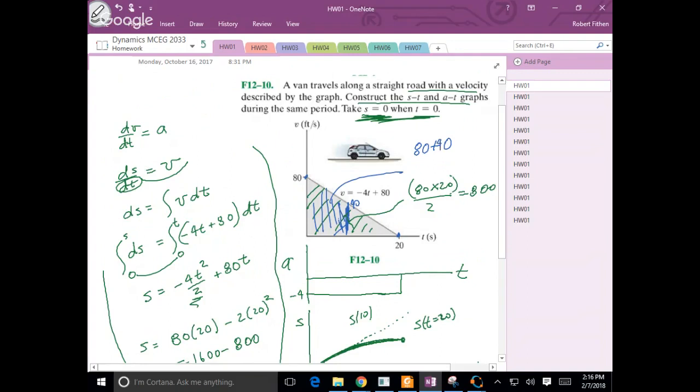So if I take the average over 2, it's like you took a block that looked like this, and then you multiply it times 10 seconds. So that's 600.